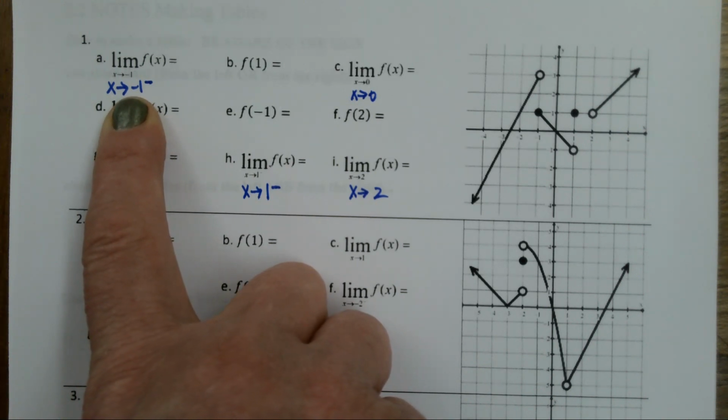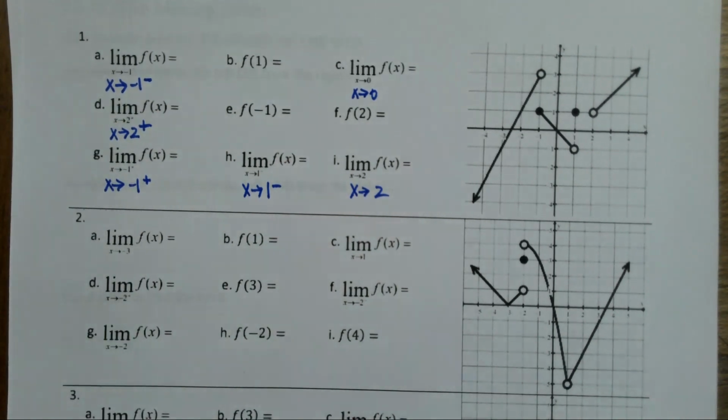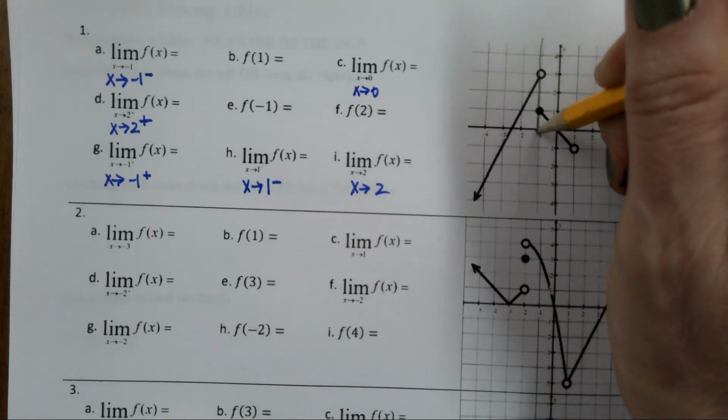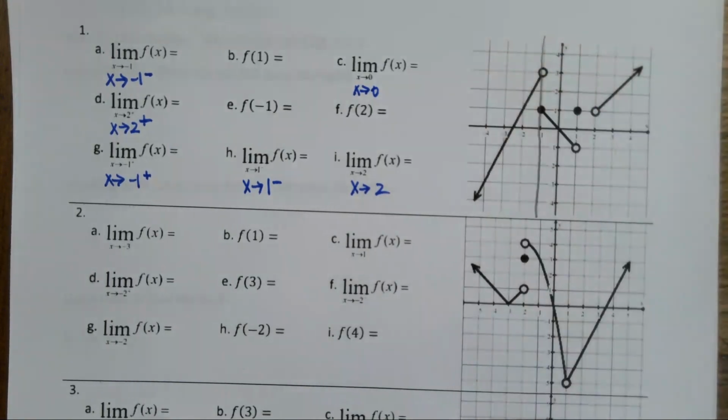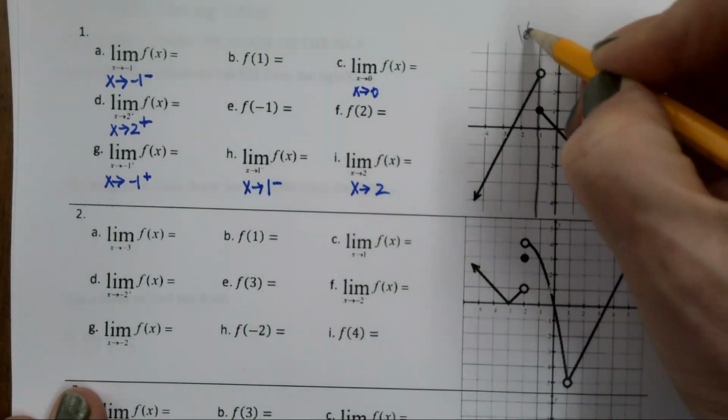I want to approach -1 from the left again, and I'm going to do it in pencil here. I'm going to draw a line at -1. This is just an imaginary line. I'm just drawing it there to separate the graph at -1. This is the left-hand side.